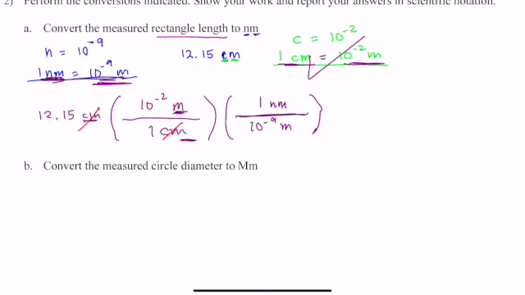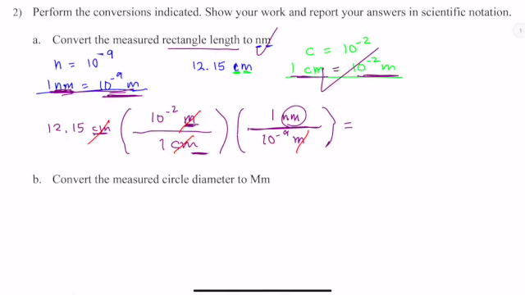Now what cancels out is meters and meters, and the units that remain are nanometers. That's good because that's what I was trying to solve for. Once the units check out, you can write an equal sign, leave a bunch of space for the number, and then write the units nanometers out there.